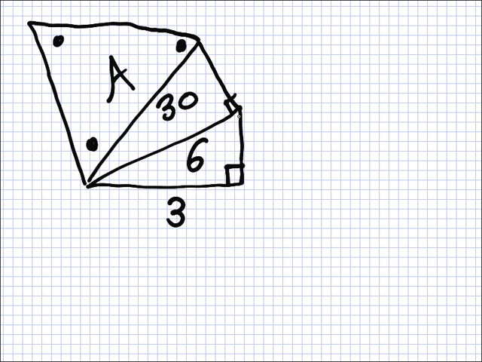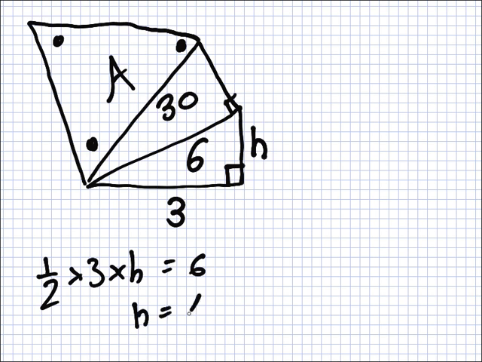Seems roughly right. So, first things first, we'll get this height here. And we can say a half the base by the height should equal 6. So what does that give us as the height? 4, is it? 4.